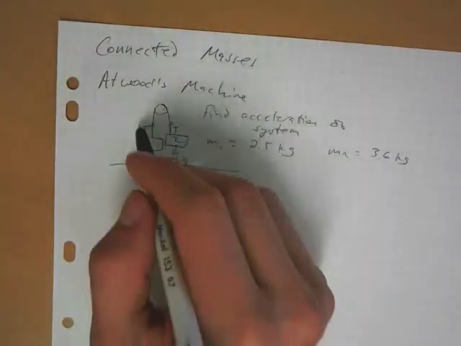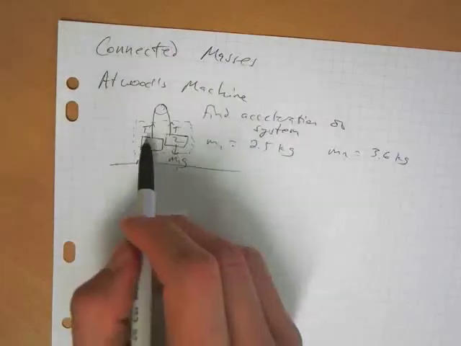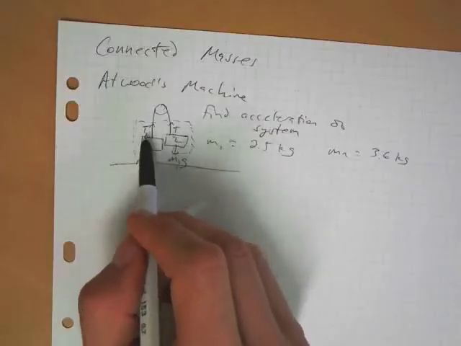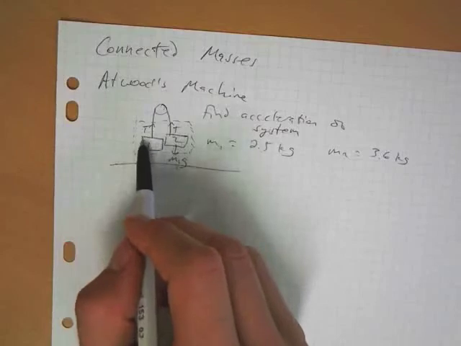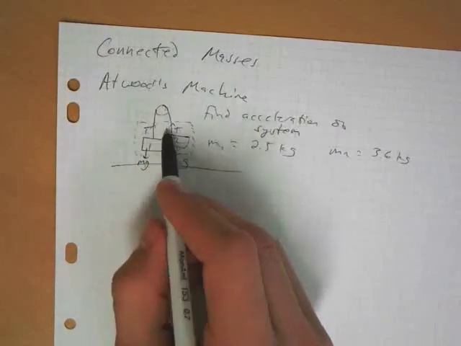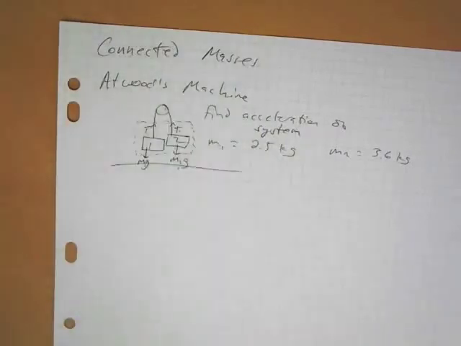Now, if we consider the two objects as a whole, these tensions are pulling object 2 up, they're pulling object 1 up, and those are two forces that are acting in opposition to each other, and the tension in the rope is the same throughout. So these tensions don't have any effect on the overall system.